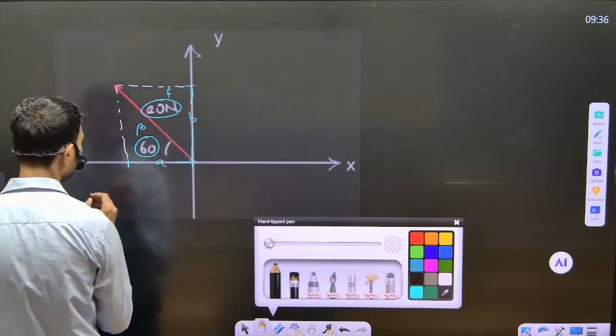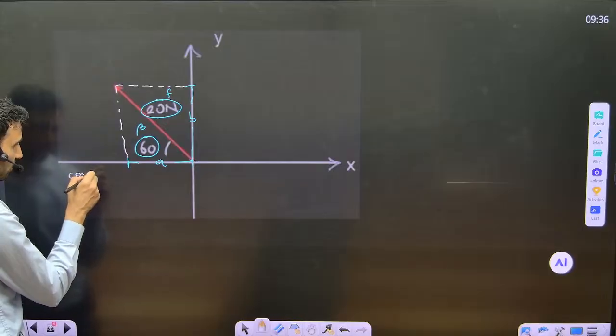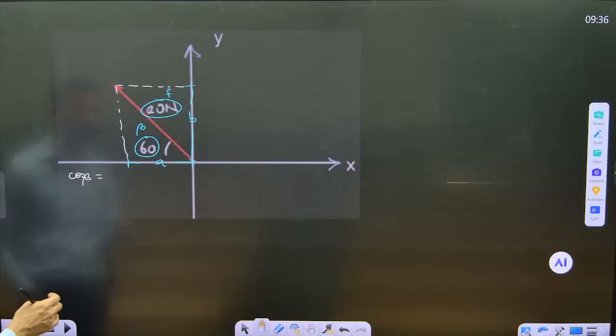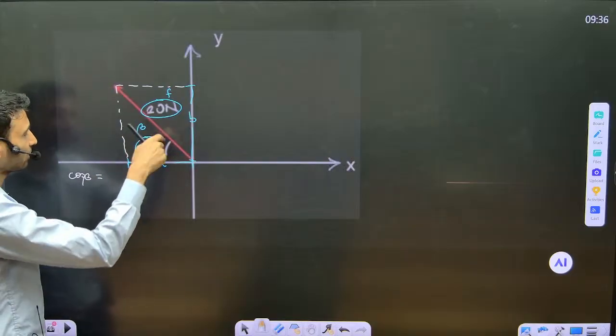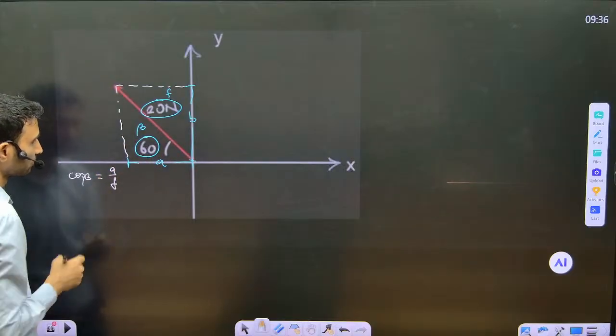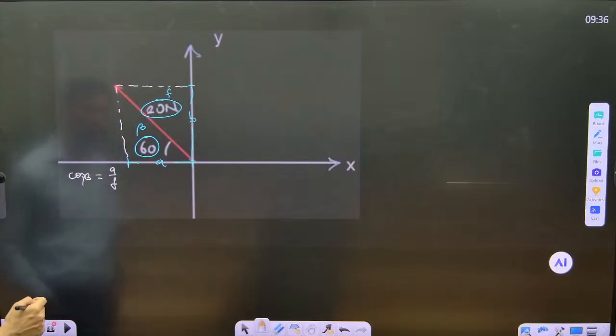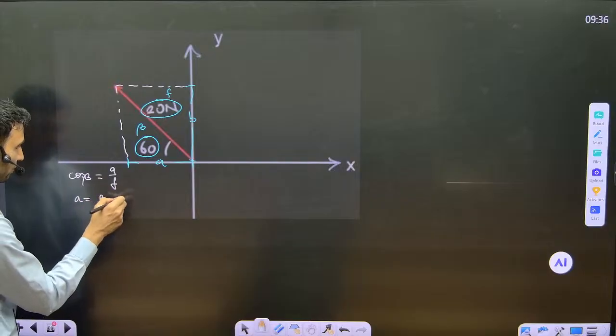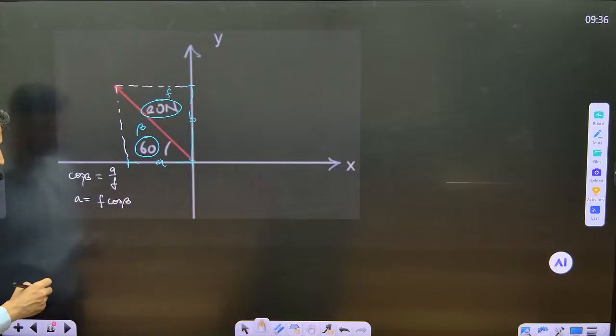So to find out A, we can write cos beta, and cos beta is what? Cos beta is A by F. So A is coming out to be what? F cos beta.